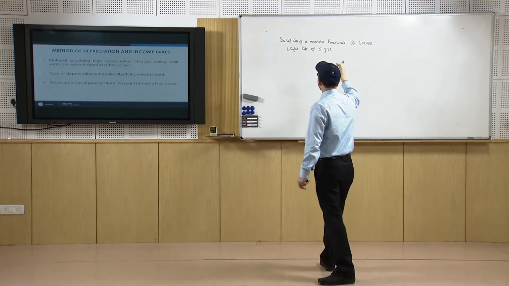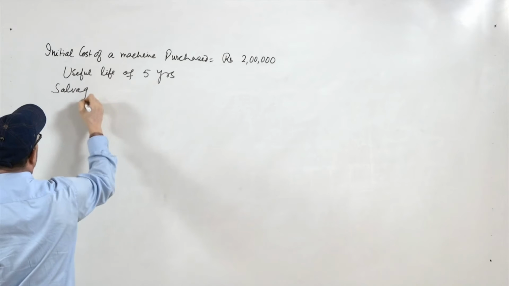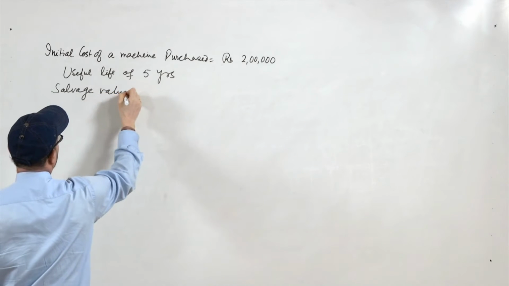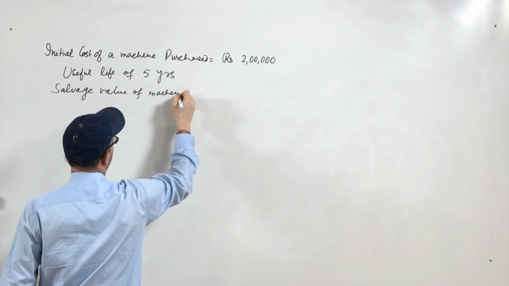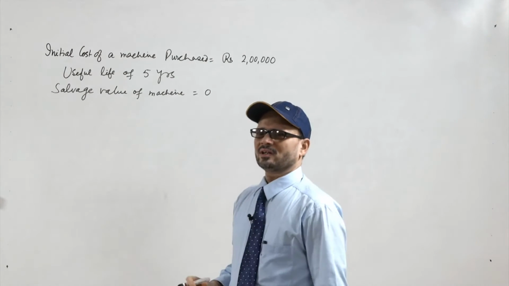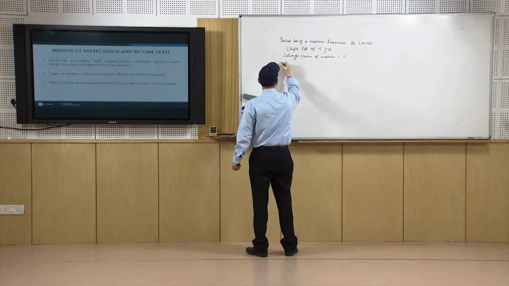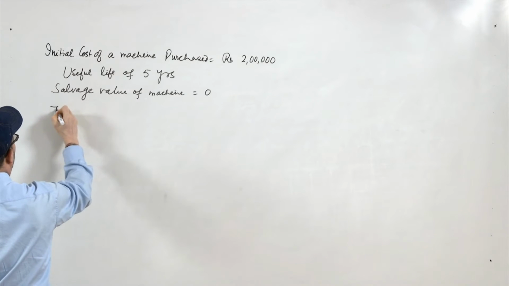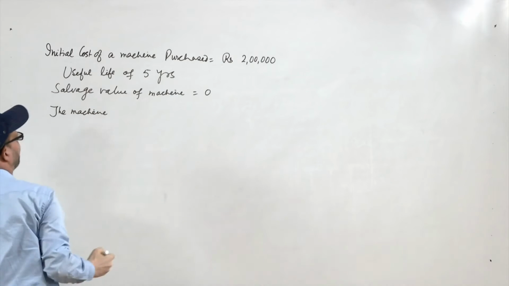After 5 years the salvage value of the machine will be taken as 0. The machine is expected to produce income of 1 lakh rupees every year.